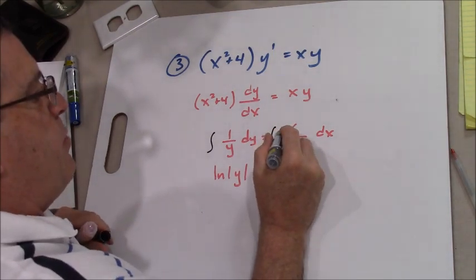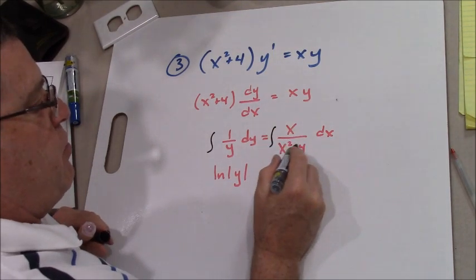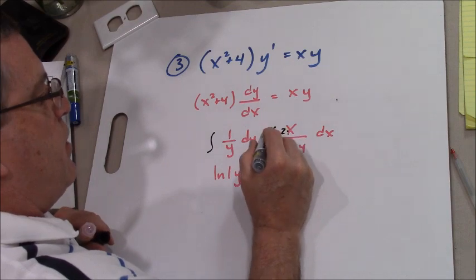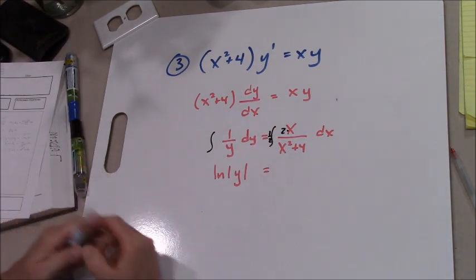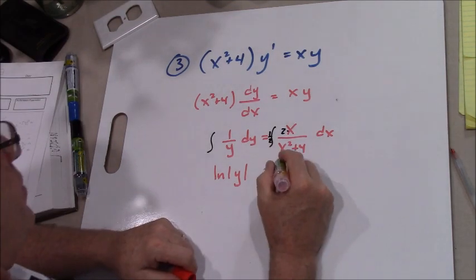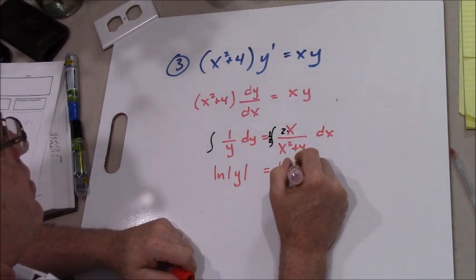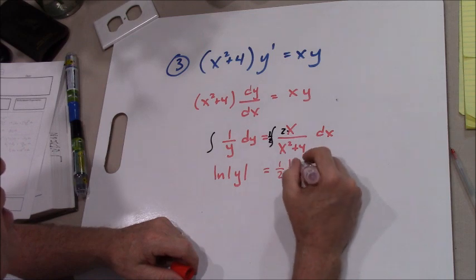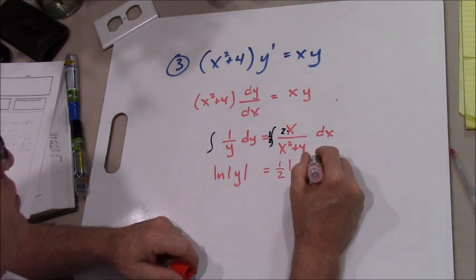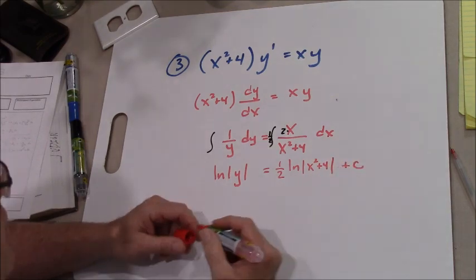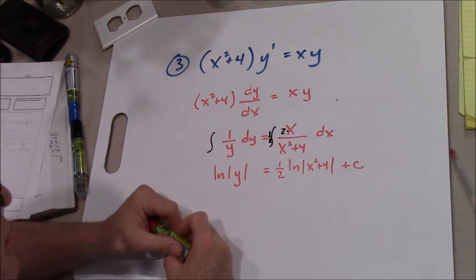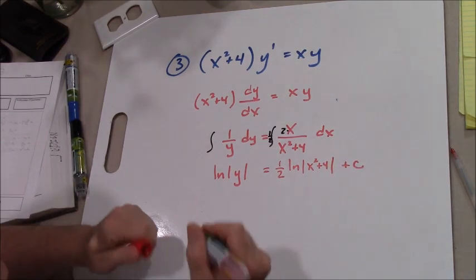The derivative of this would be 2x, so I need to see a 2 there, so I'll have a 1/2 out in front. And so what I get is 1/2 natural log absolute value of x squared plus 4 plus c.